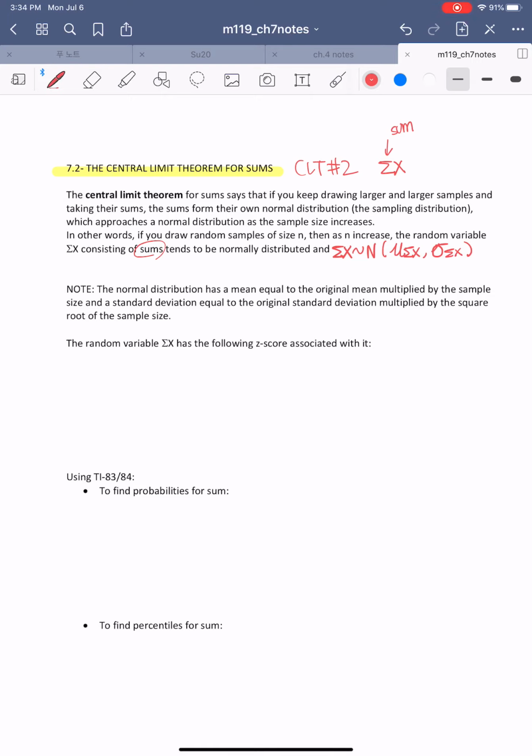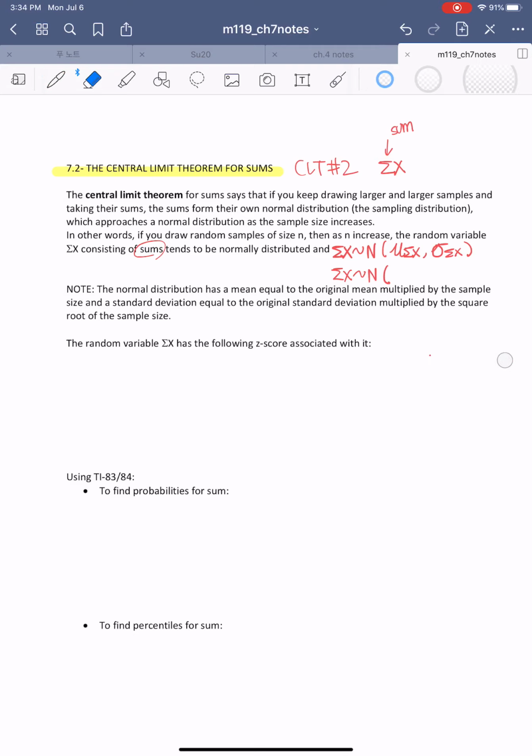How do you calculate that? Well, if you're summing up, your mean will be a lot bigger too, because you keep adding. So the mean of the sum of x is not equal to the population mean. It will be a much bigger number.